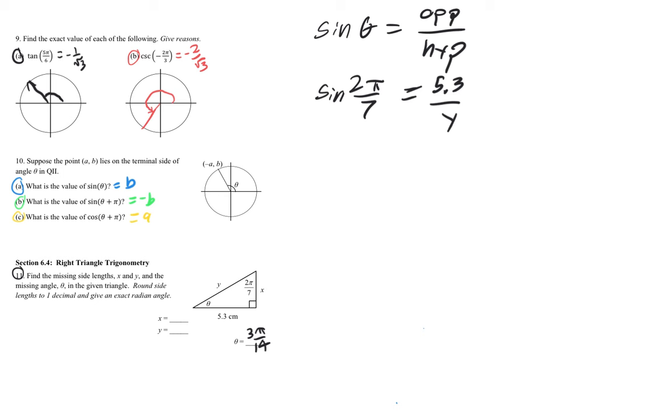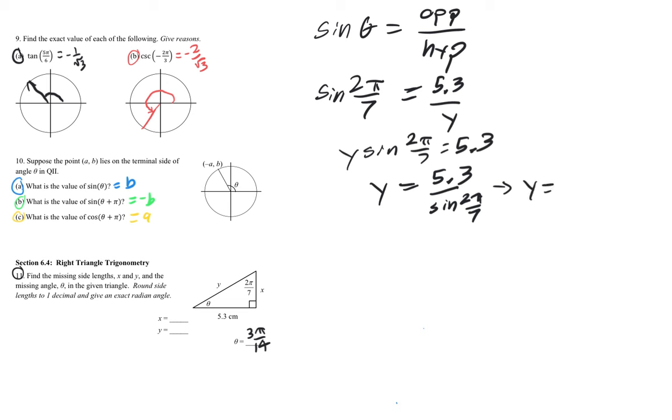So by doing some algebra, we can get y times sine of 2 pi over 7 is equal to 5.3. So y is going to equal 5.3 over sine of 2 pi over 7, making y equal to 6.77895.